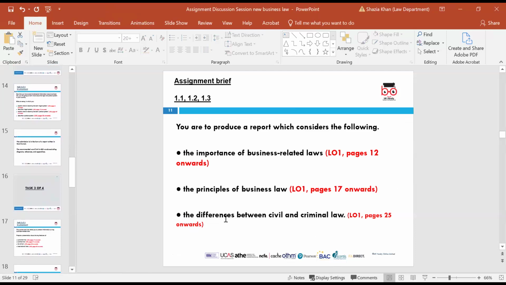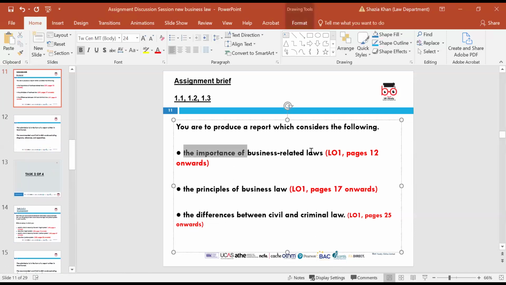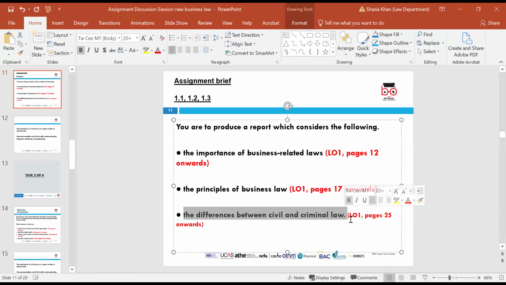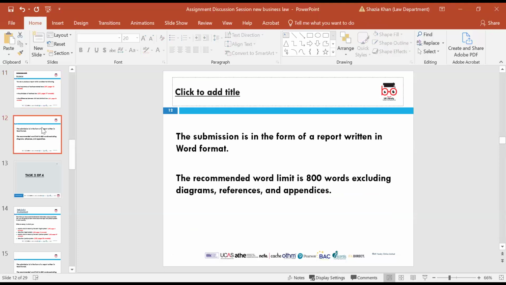So there's 3 parts to task 1. The first one's that which needs to be a heading, second one's that which needs to be a heading, and the third one's that which needs to be a heading. In red, it's where you can find the answers, and it will help you with the information. For this task, task 1, the submission is in the form of a report written again in Word format.